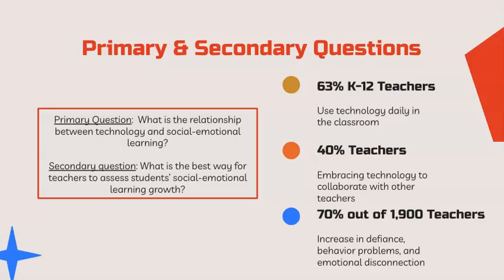These statistics led me to wonder if there was a relationship between technology and social-emotional learning. Therefore, the primary question for my capstone project was, what is the relationship between technology and social-emotional learning? My secondary question was, what is the best way for teachers to assess students' social-emotional learning growth?